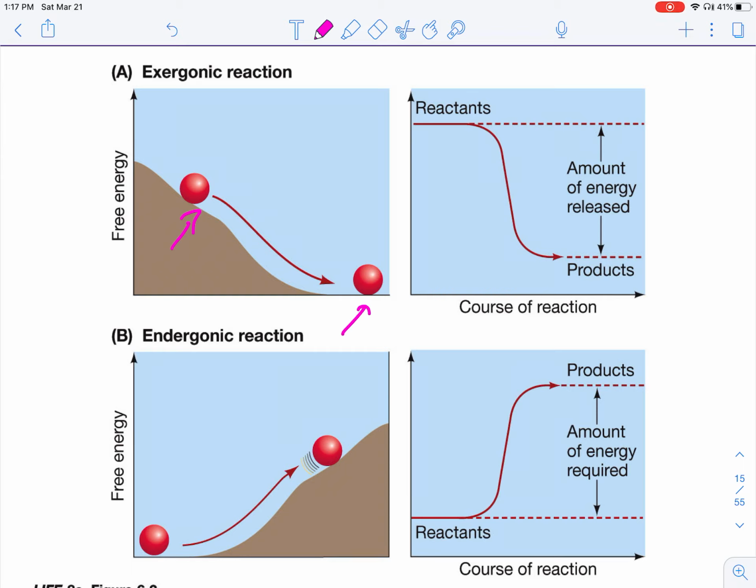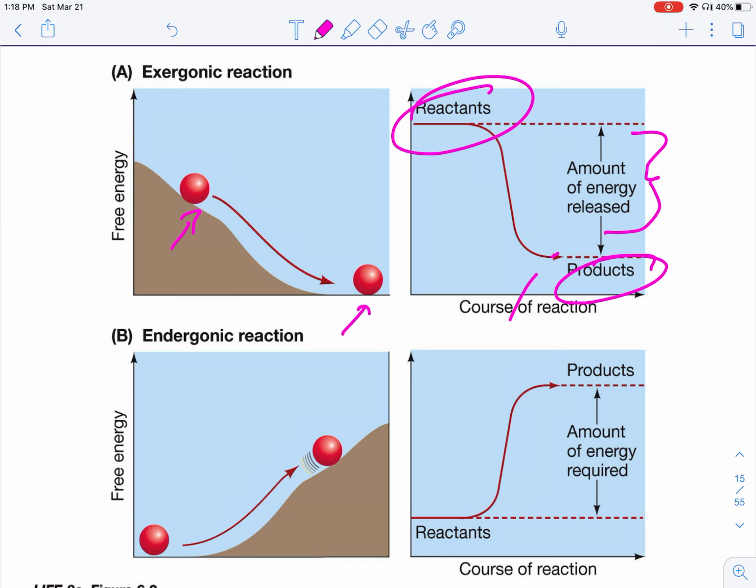Now, in chemical reactions, what this means is that the reactants have a high delta G, and the products are at lower delta G, and there is a release of energy in that chemical reaction.